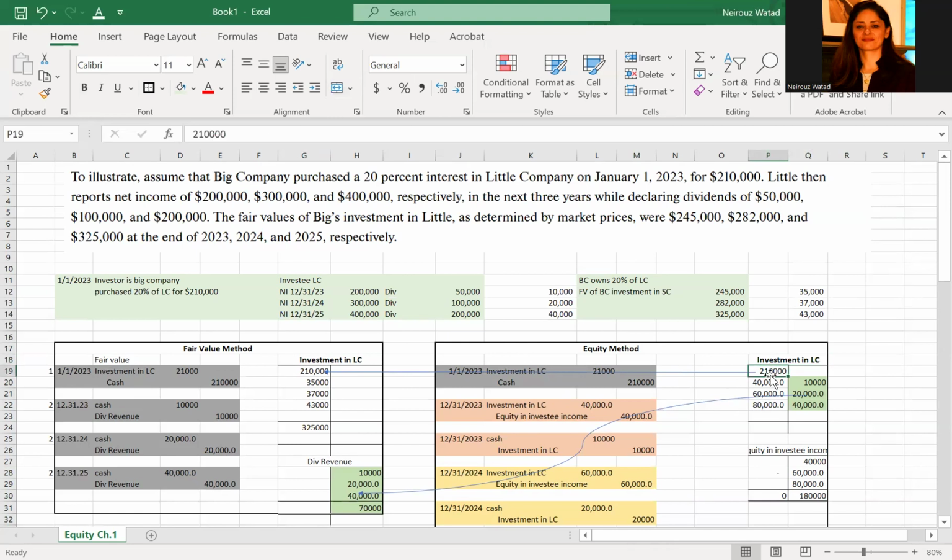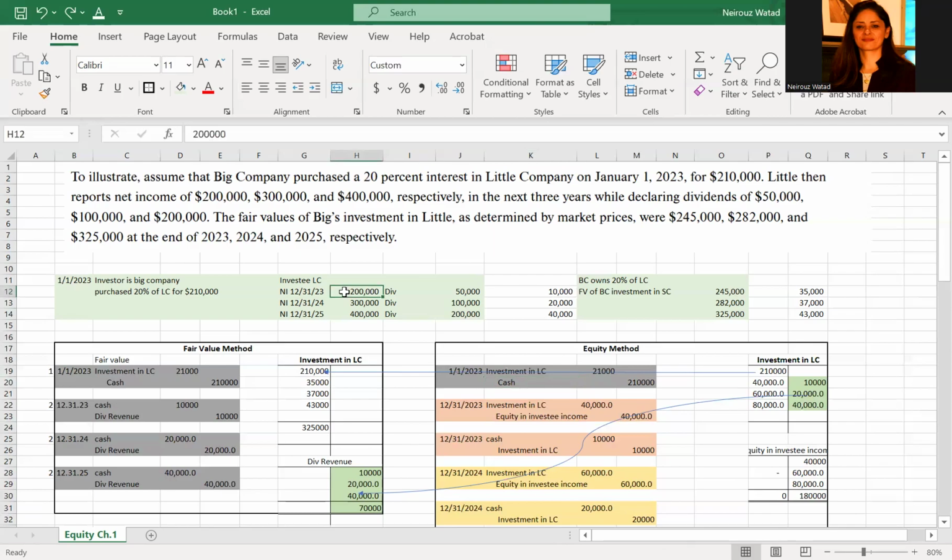So now it has 210,000 as initial investment. Now, under the equity method, when the investee recognizes income, my investment in the investee will go up. I will also recognize income, but only for my share, which is the 20%.